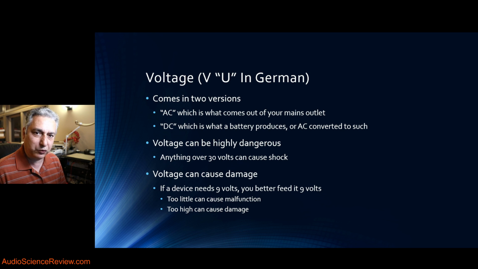There are two kinds of voltage. One is called alternating current, and we say AC. The other one is direct current, which is naturally called DC. AC is what most common examples, what comes out of your wall outlet, and DC is what a battery produces as the best example. But we can also convert AC to DC, as I'll talk about.